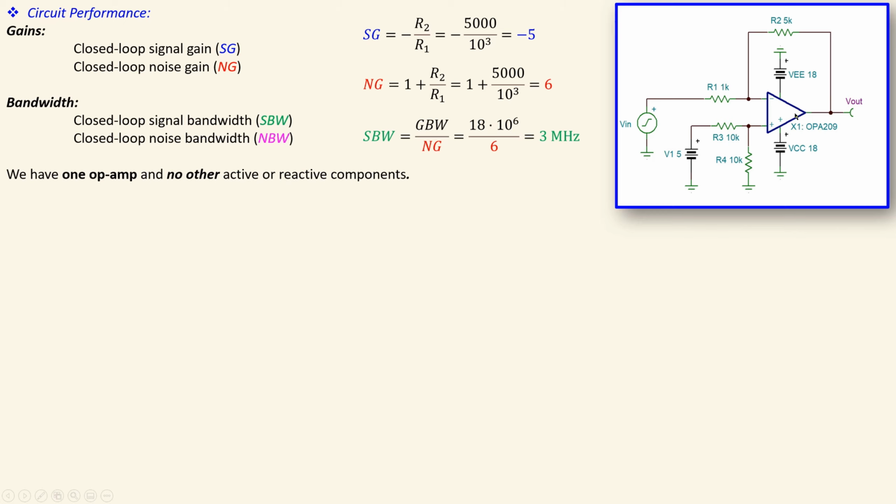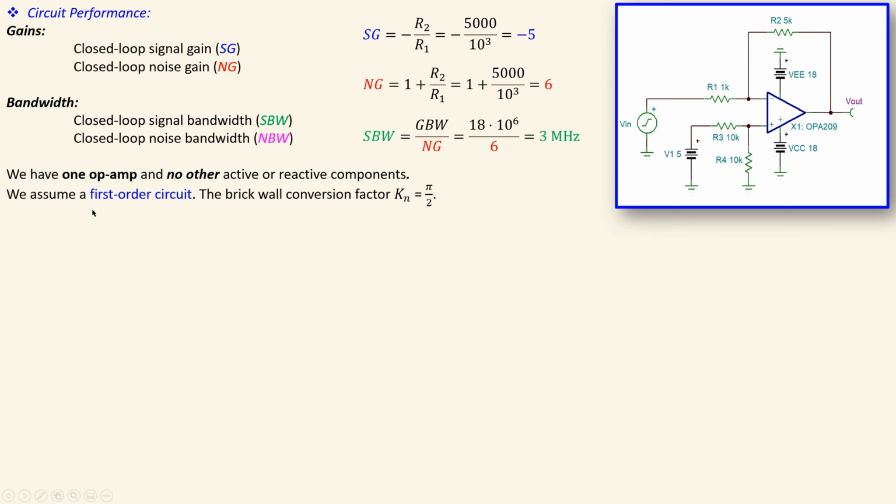Now we have one op-amp, and there are no other active or reactive components. So we don't have any other op-amps, or any other transistors to make the system more than first stage or first order. So for this circuit, we can assume that it is a first order circuit, since this is just one op-amp.